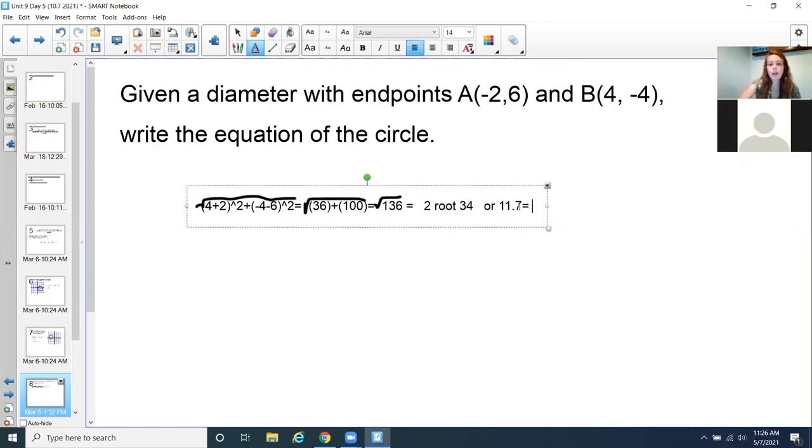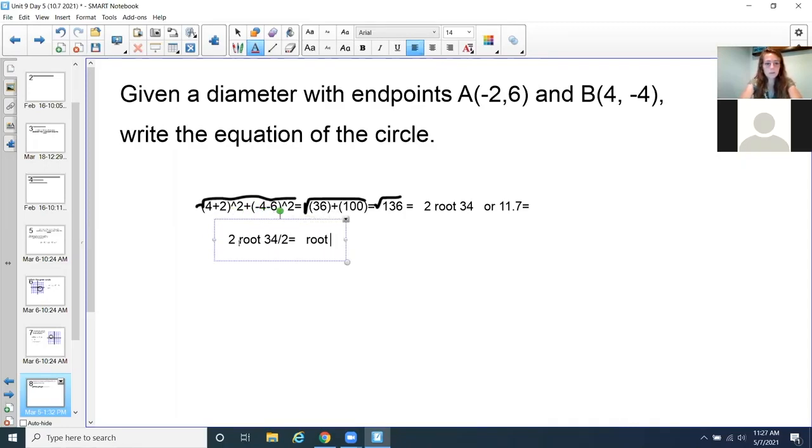If you leave it in radical form, it's way easier to cut in half, because then you just have 2 root 34 divided by 2, which equals just root 34. And that would be our radius.